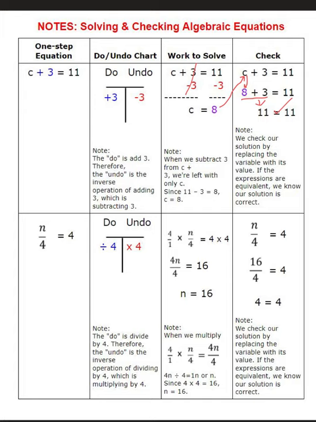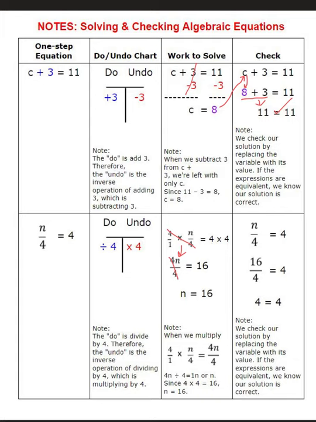So the next one, we have n divided by 4. Well, the do is dividing by 4, so the undo is multiplying by 4. Over here, n divided by 4, you multiply by 4. The 4's cancel each other out. You do also see it like this here. So 4n divided by 4. N will equal 16.